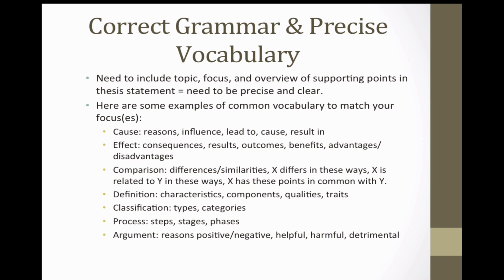These will help you eliminate the need to over-explain or over-define your ideas, because if you use things like reasons or results or differences, characteristics, those are related to specific types of focuses that tell your reader what kind of information to expect in the rest of your essay. So by picking clear vocabulary, you're going to eliminate the fluffy wording or the extra long sentences. The simpler and the easier it is, the better it will be for your reader to know what to expect from your paper.